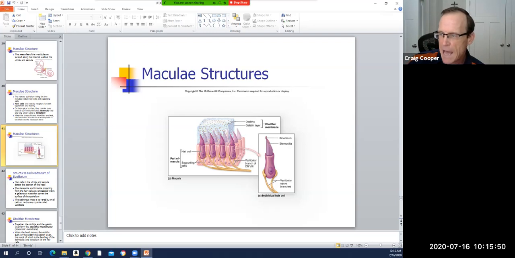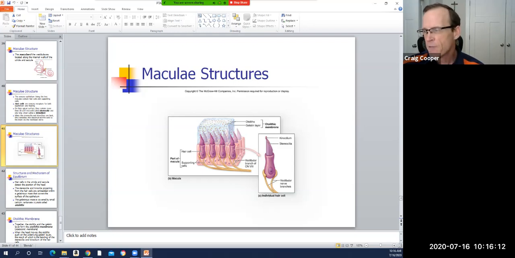You've got this gelatinous fluid, and all these little specks that you see in there are the otoliths. Sometimes you'll hear them called otoconia. Those are basically calcium crystals. So they are quite literally little rocks in your head, very little. And they just give that gel extra mass.